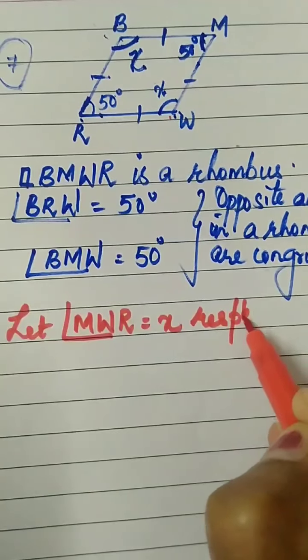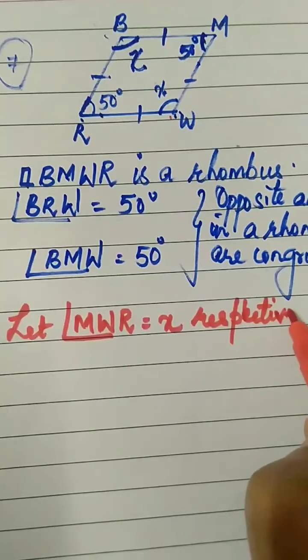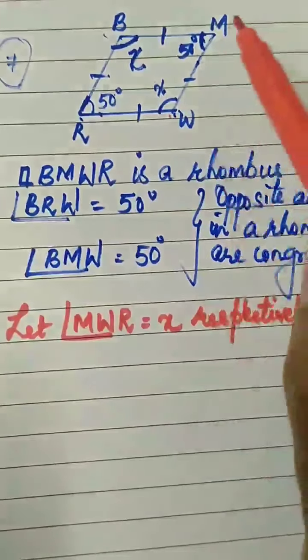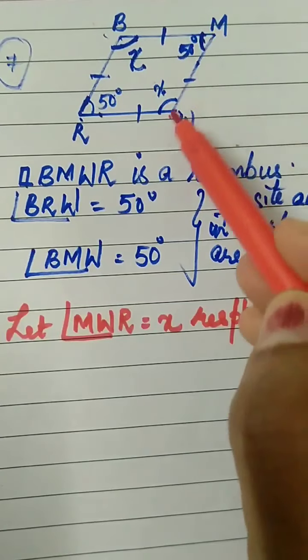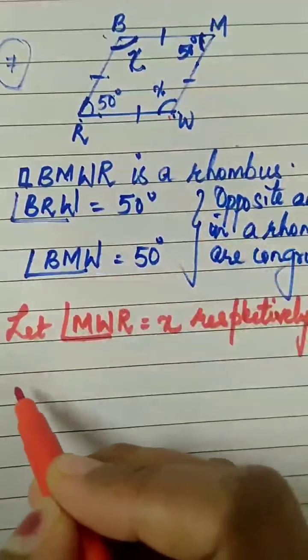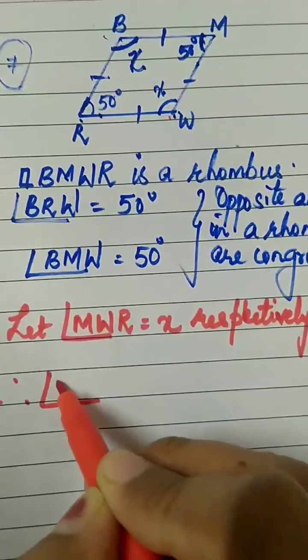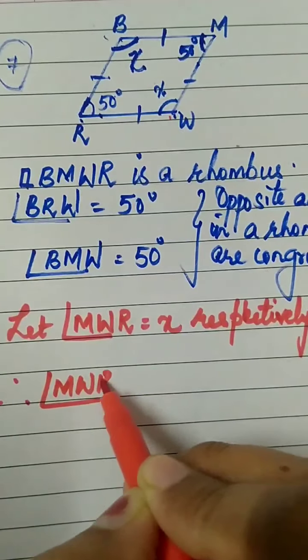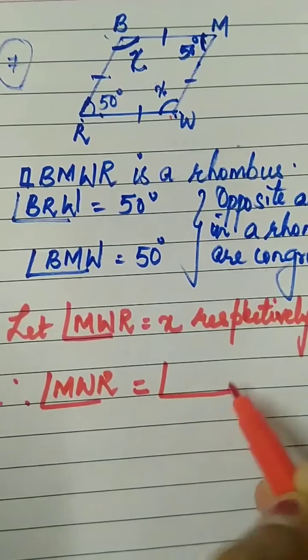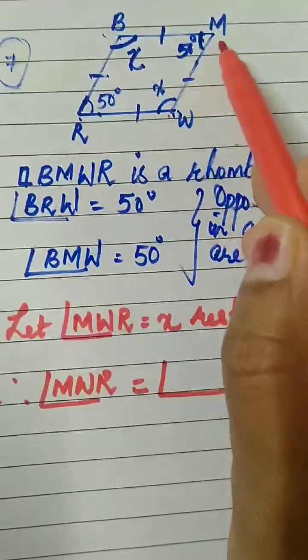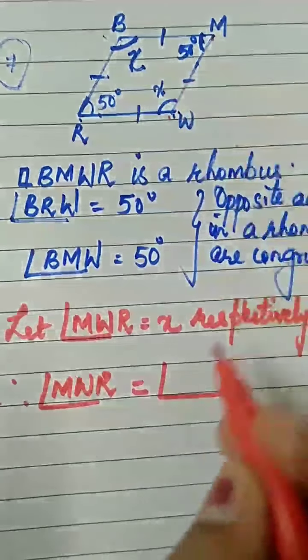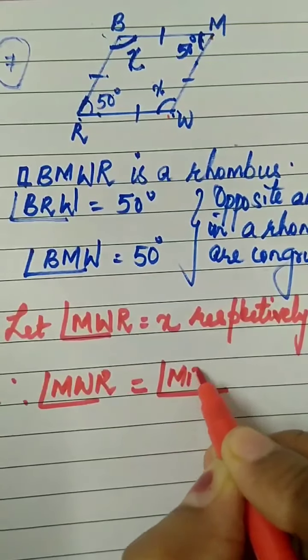Therefore, angle MWR is equal to its opposite angle MBR.